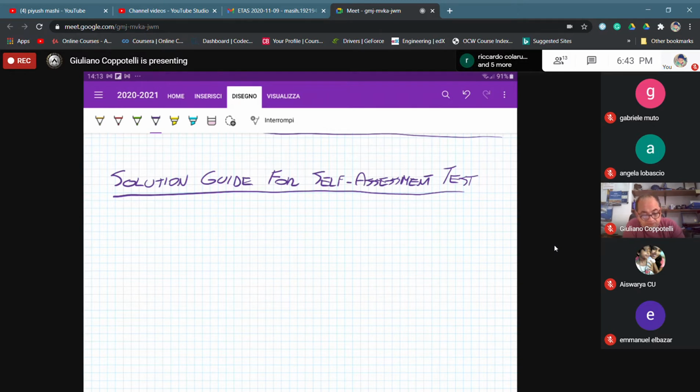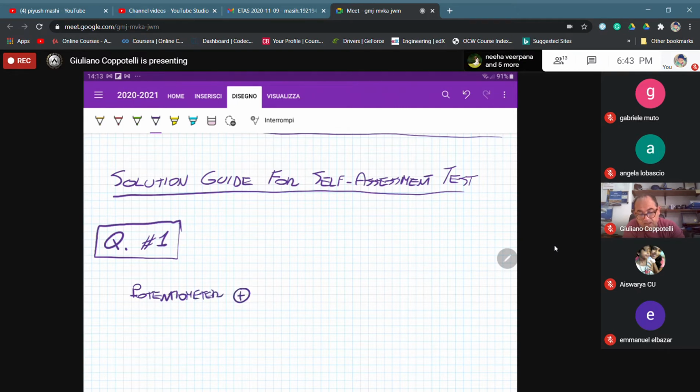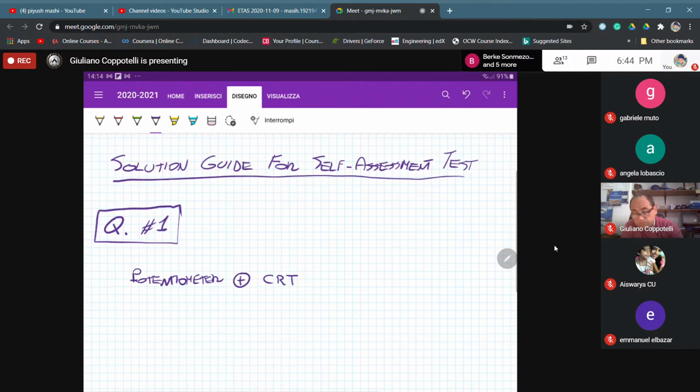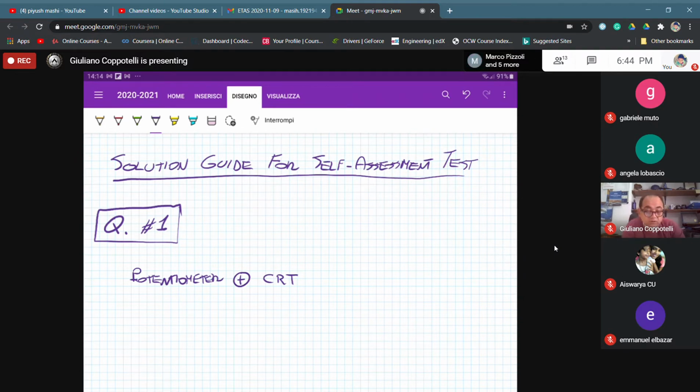The first question, question number 1, was dealing with a measuring chain that is composed of a potentiometer and a cathodic ray tube, which is very useful to check your physical quantity just by reading it on a screen.